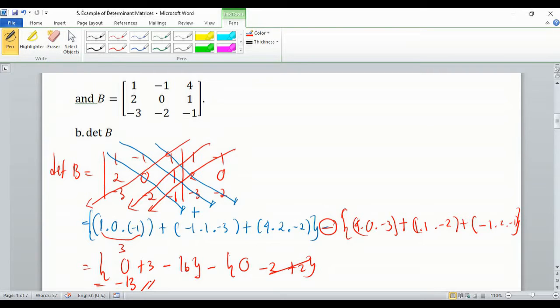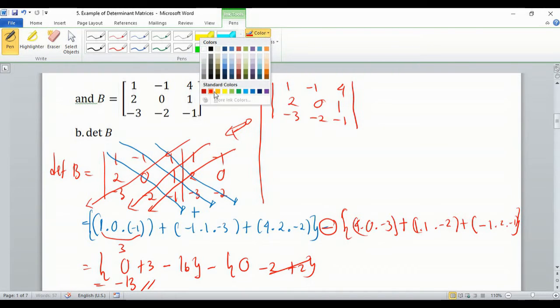So now, how to make the love sign to make it easy to remember? For this one, we will make the love sign. 1, minus 1, 4, 2, 0, 1, minus 3, minus 2, minus 1. I think this one is effective. It's also effective, the other one, but let you see this one.